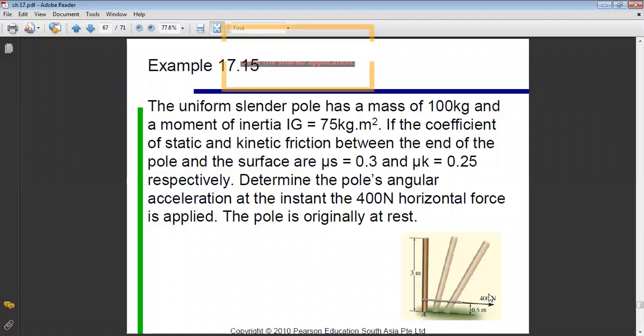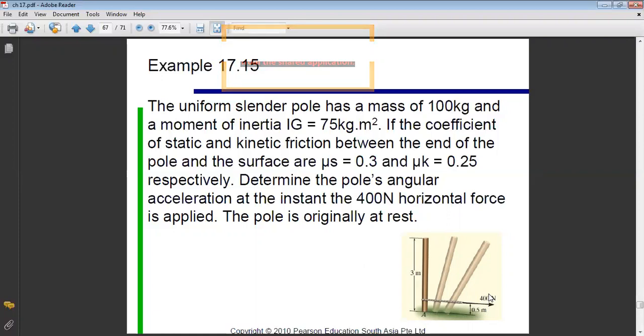In such a problem, you have a certain method to follow. When they give you both static and kinetic friction, this means that I am not sure if I will have translation, or I will have rotation about a fixed point, or I will have general motion.